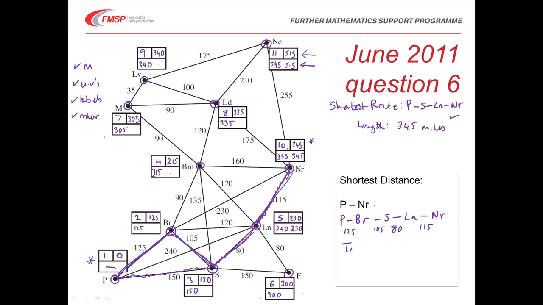And that gives me a total of 425 miles, which not surprisingly is greater than the 345 miles if we could do it directly and weren't limited to only the minimum connector routes. And of course this is linked to that disadvantage earlier, that some journeys, including this one from P to NR, would be longer if you could only use the minimum connector rail network as opposed to any of the routes.